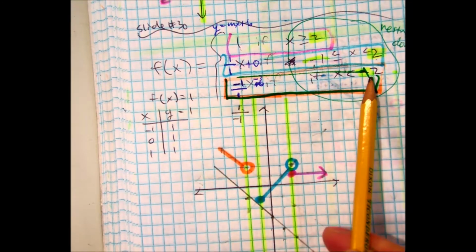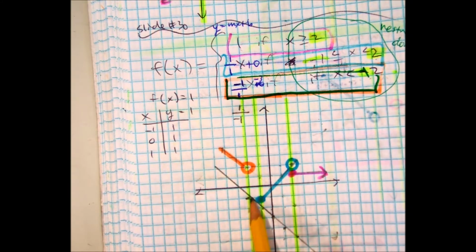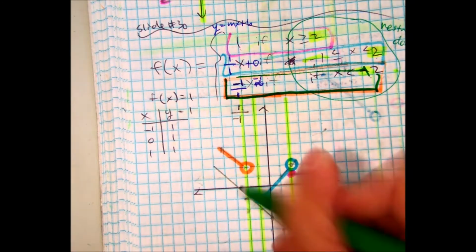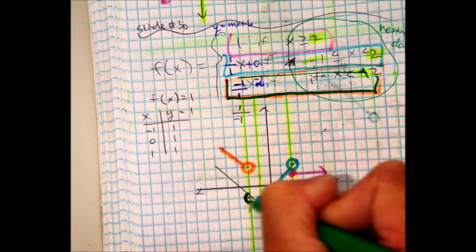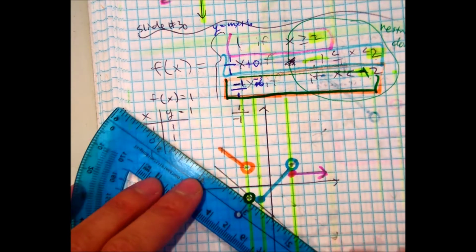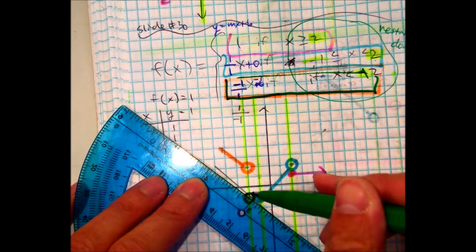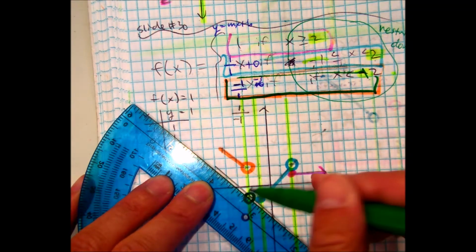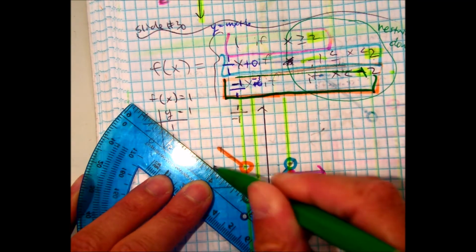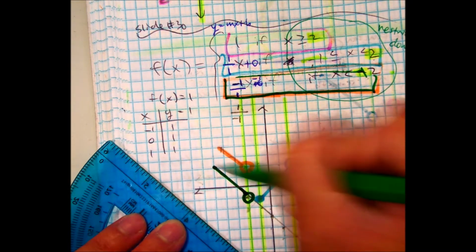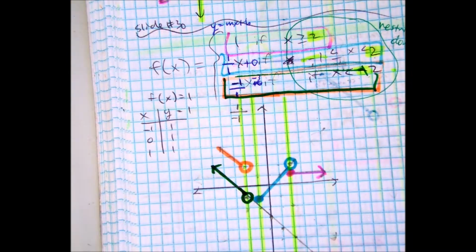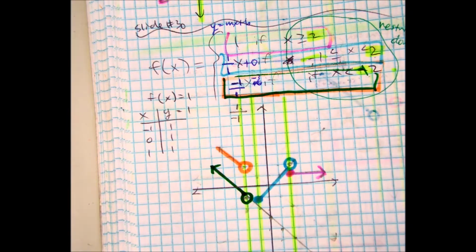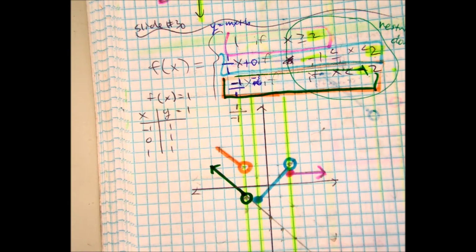And I need numbers that are less than 2. So here, open circle. So ignore the orange. Numbers that are less than go where? Less than? Left. Left. Okay, so you shouldn't have this one.